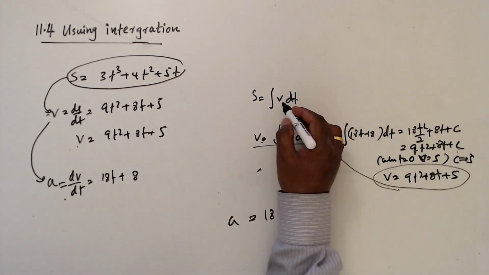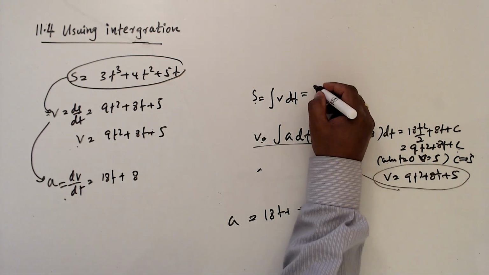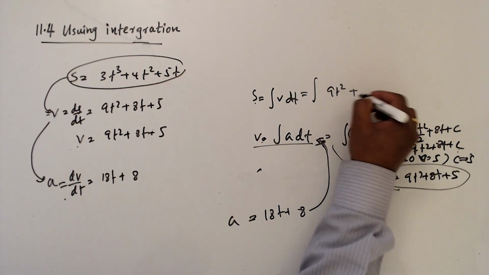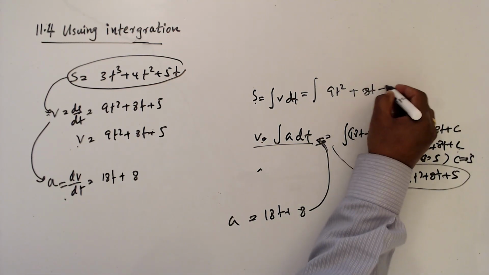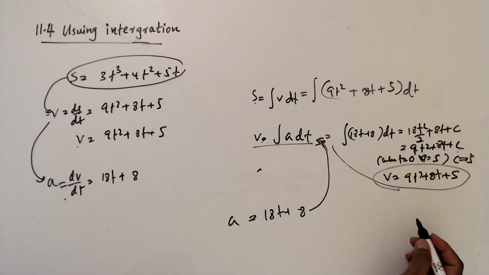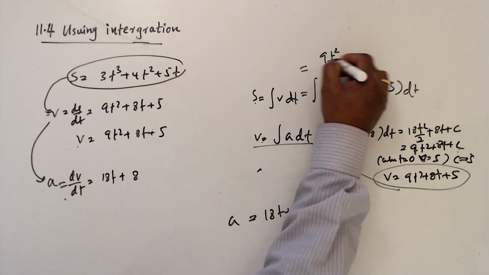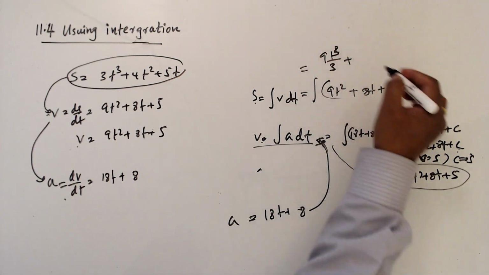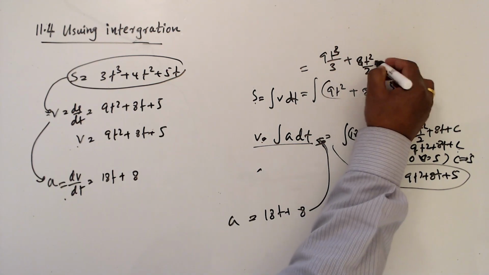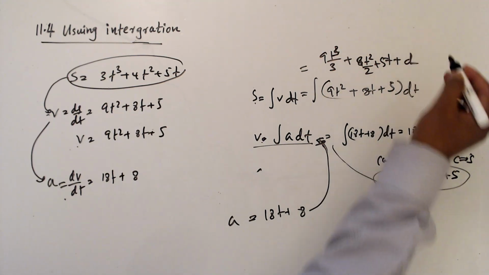Now I need to find the displacement. Then I have to integrate whatever expression I found from here. So this is 9t square plus 8t plus 5. I want to integrate again. So when I integrate, I will get 9t cube divided by 3, and 8t square divided by 2, plus 5t plus d, another constant.